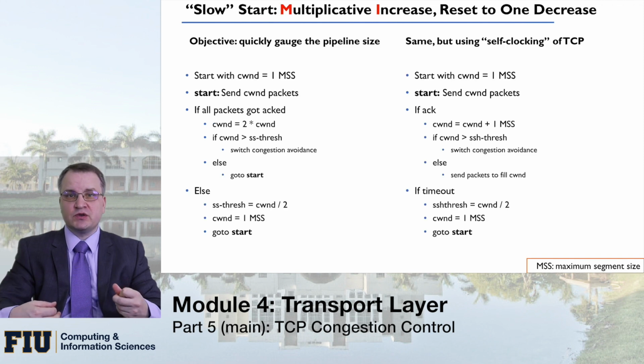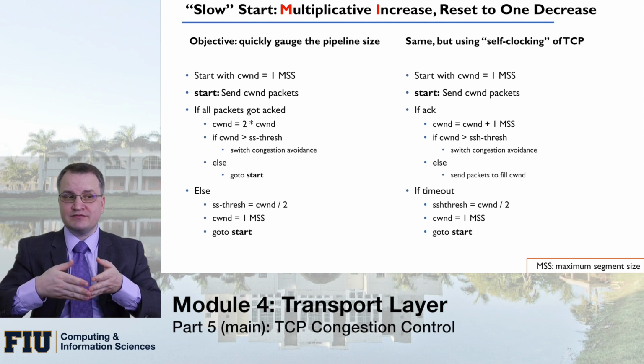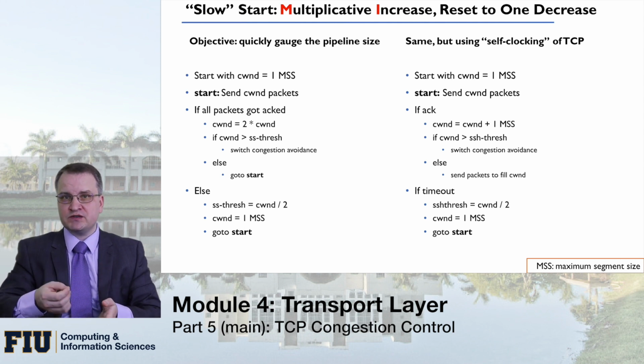This slide gives details of how the slow start phase of the congestion control operates. What the slow part of slow start means is that you set the initial congestion window to 1. As TCP operates on sequence numbers that represent bytes, you cannot say one packet, so you have to indicate some amount of data.